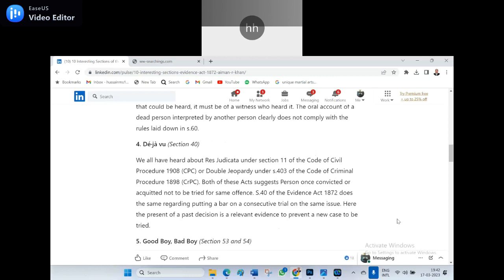A person once convicted or acquitted is not to be tried for the same offense: Section 40 of the Evidence Act, double jeopardy. I already told you in my earlier class the famous case law on double jeopardy: for the same cause of action, a person cannot be convicted twice.